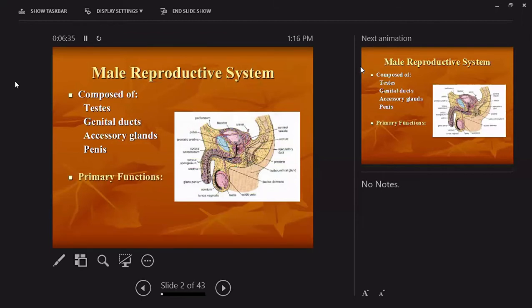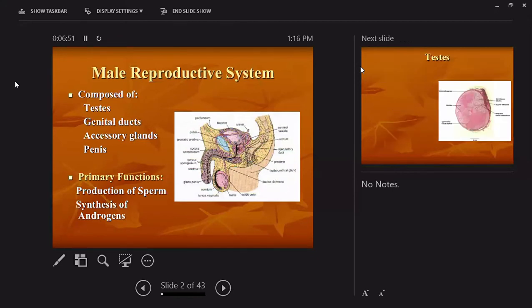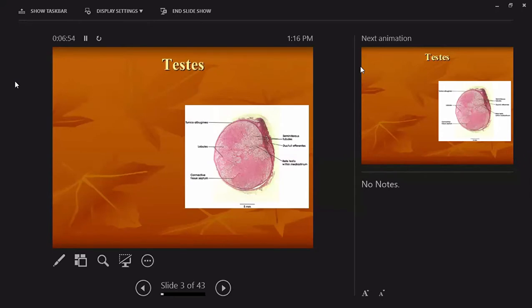The primary functions of your male reproductive system would be, of course, production of sperm, okay? Synthesis of androgens. Okay, so let's see a clearer picture of your testis. You have here your connective tissue, the tunica albuginea.